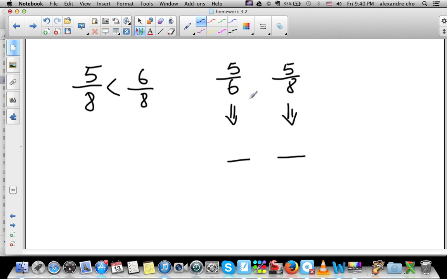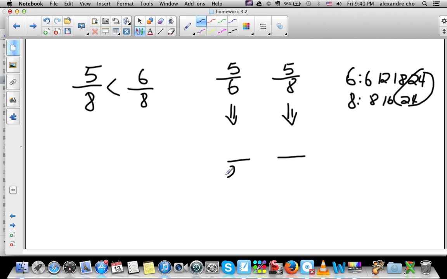We're trying to find a common denominator, so it has to be a multiple of 6 and a multiple of 8. We're looking for the LCM of 6 and 8. Multiples of 6: 6, 12, 18, 24, etc. Multiples of 8: 8, 16, 24. Look at that.